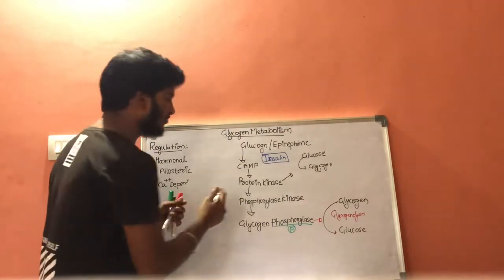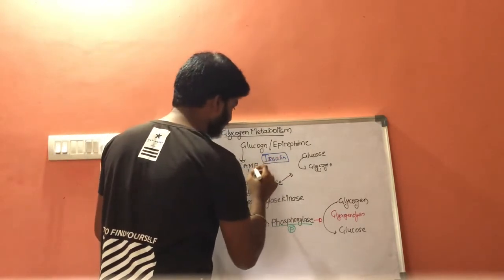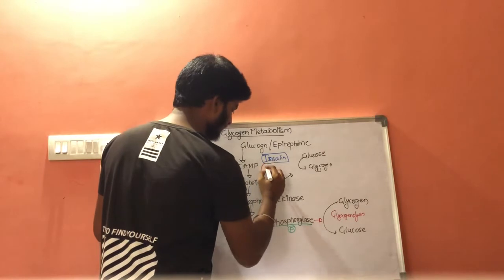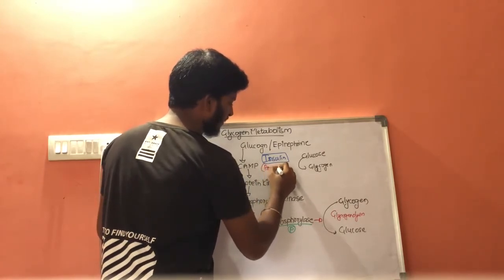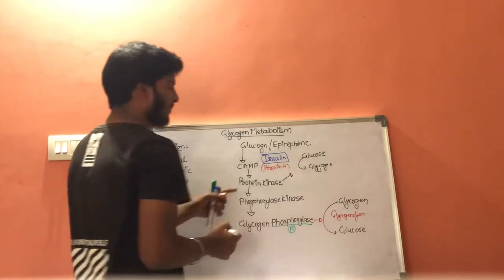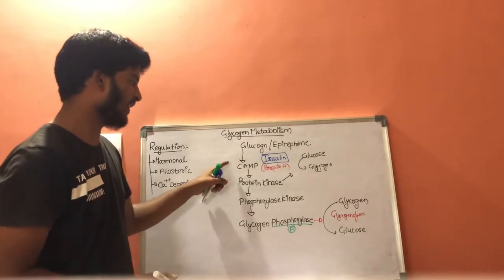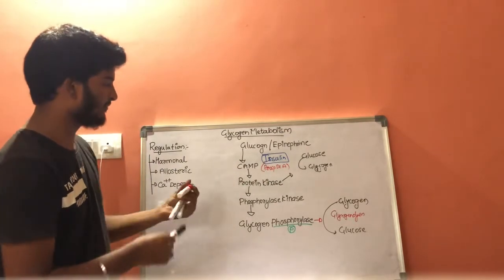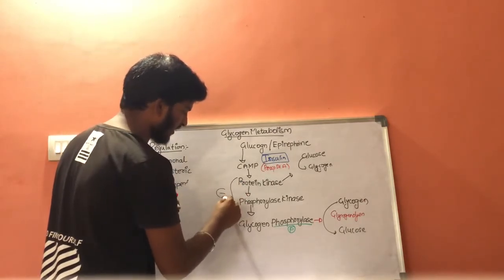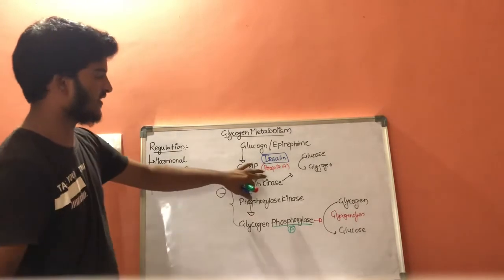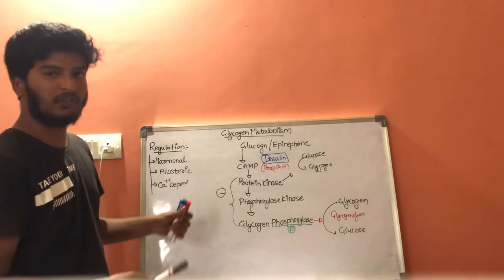Insulin will use this cyclic AMP with the help of an enzyme called phosphodiesterase, PDE. After the cyclic AMP is used, all these steps will be blocked. This is the first method, the hormonal method, and the next method is the allosteric method.